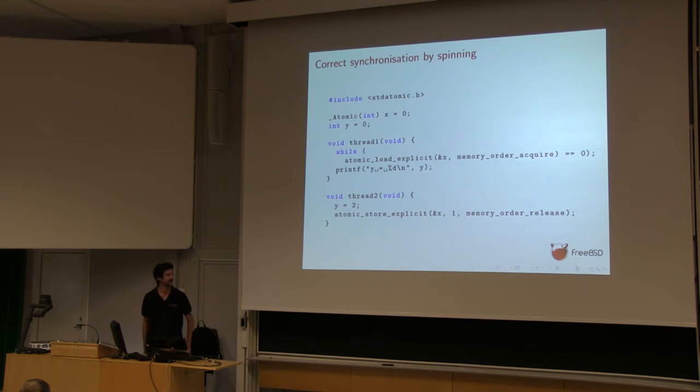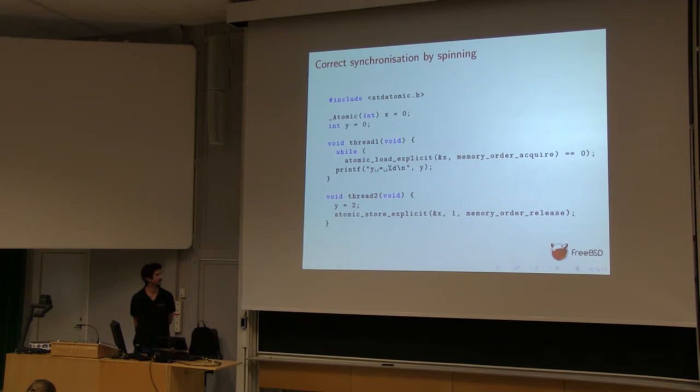This time we're doing an explicit memory load with acquire semantics. So anything after this load acquire can only be executed after this load has finished. This is the opposite of the store release. It stops the load of y for the printf from possibly happening before the while loop is completed.